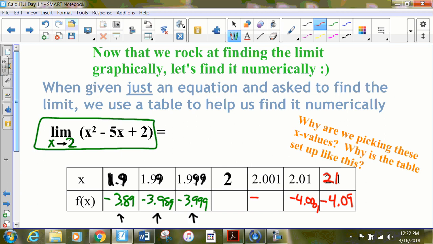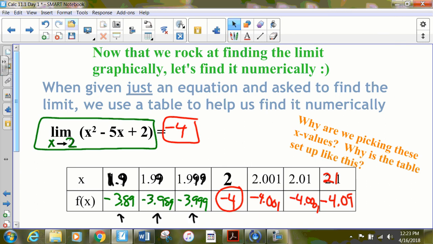Then when we plug that in, negative 4.001. All right, so from the opposite direction, y, the function, is approaching negative 4, both from the left and the right, which means the limit of this particular quadratic function as x approaches 2 is equal to negative 4. So that's just another way to do it. If we're given an equation and not a graph, we're going to use a table to help see what happens as we move from the left and the right.